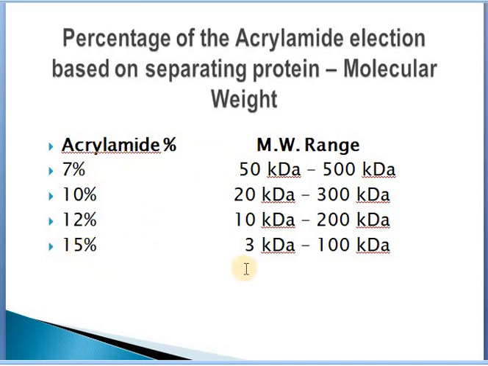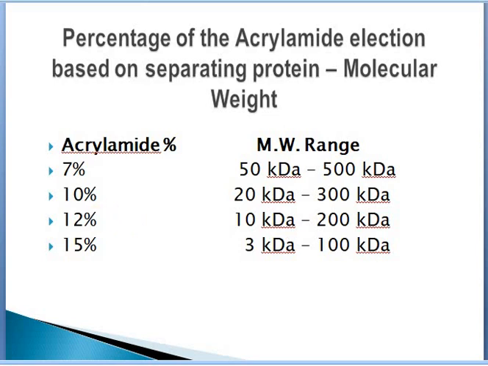Then 15% is for 3 kilodaltons to 100 kilodaltons. When we increase the percentage of the gel, smaller molecules are separated. So 15% will provide a very small pore size, and 7% will give a very large pore size. By changing the concentration of the acrylamide in this gel, we will separate the molecules according to their molecular weight.